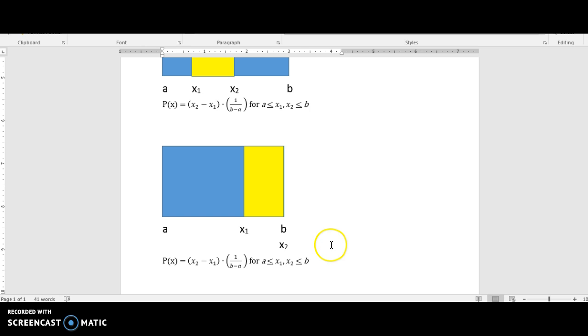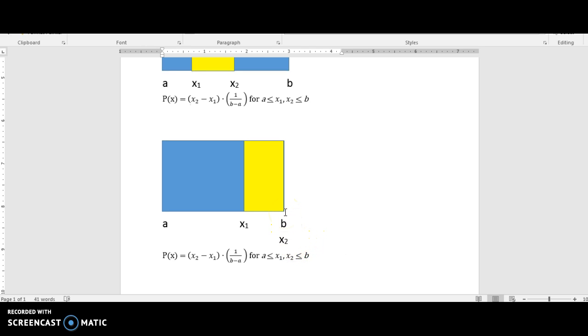Similarly, sometimes x2 might equal exactly b. Similarly, I could have moved this area over here where a and x1 are the same, and right there would be x2.